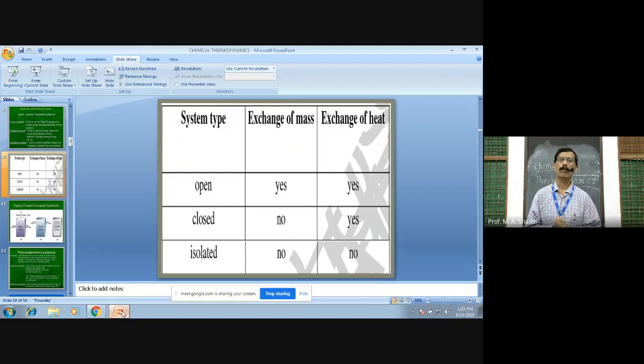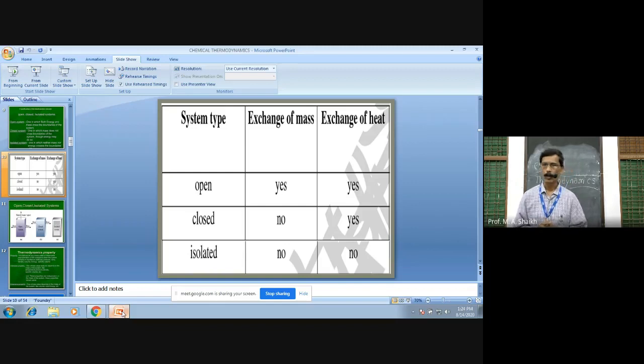You can write when your understanding is correct, when your concepts are clear. Okay, now see the headings for the extreme left hand side column. What is the heading? System type. There are 3 systems: open, closed, and isolated.